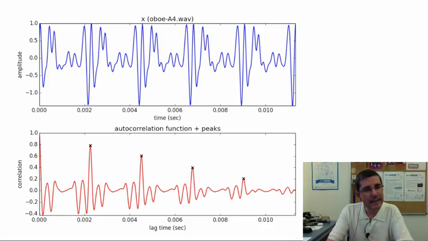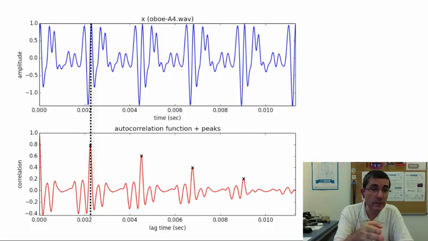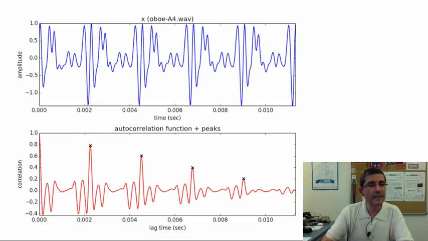And then as the lag increases, and here we have expressed the lag time in seconds instead of samples to make it easier to correspond to the top signal, we clearly see that at a lag corresponding to one period, which is this 0.002, there is a local maximum, and clearly it is the biggest local maximum, so that would be a good indication that this is the period, and the inverse of that would be the fundamental frequency.